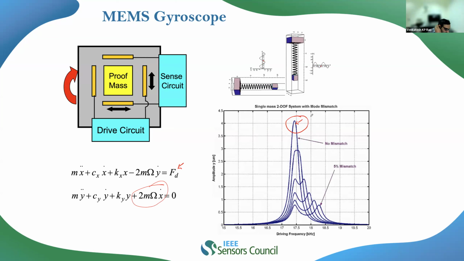On the other hand, when there is a huge mismatch between the drive and sense mode frequencies, there is a reduction in the sensitivity of your system, but there is an increase in the bandwidth, right? So there is always a trade-off between the bandwidth and sensitivity of any gyro under consideration.